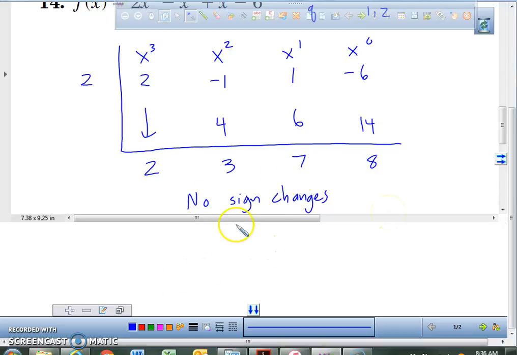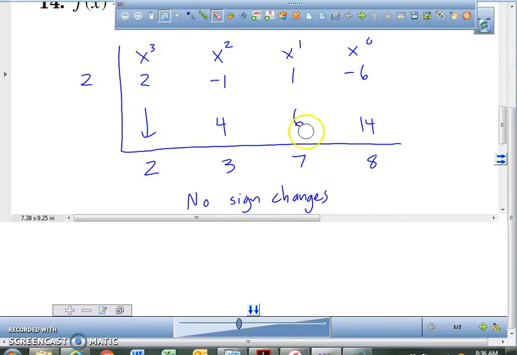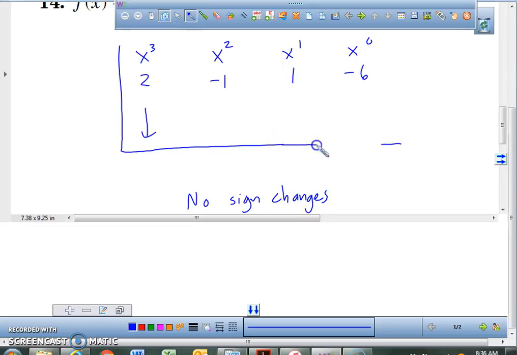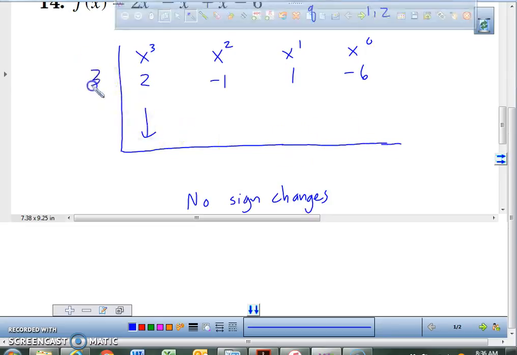Now, if I use a 3 right here, Noah, if I used a 3, there would also be no sign changes. So if I plugged in a 3 into the same exact process, add those together, 3 times 16 is 48, 48 minus 6 is a 42.